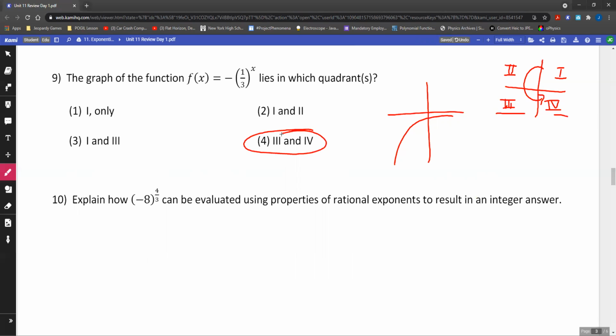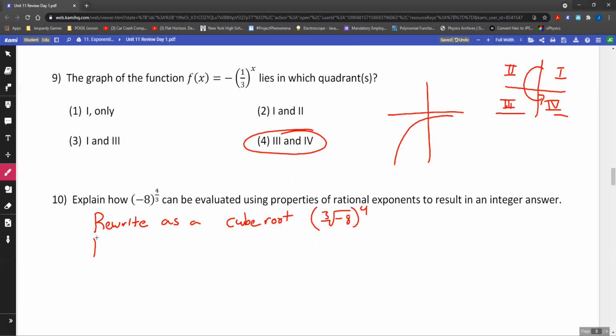All right. So this, they want us to basically explain in words how we can figure this out as an actual number. So you could say rewrite as a cube root. So what we would do is rewrite this as cube root of negative 8 to the 4th.